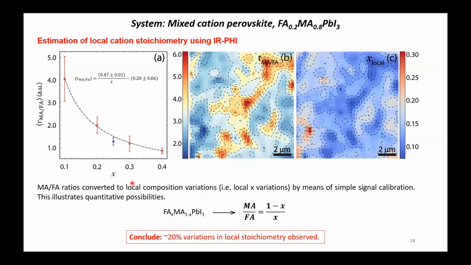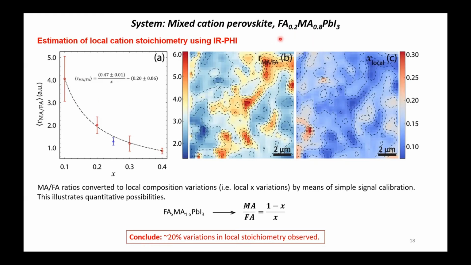The way around it, at least the way we saw, is to calibrate our signal for a particular sample. We recorded the signals of the IR-PHI microscope as a function of chemical composition X in this chemical formula, creating a calibration plot.